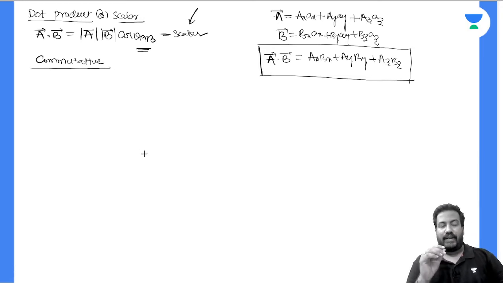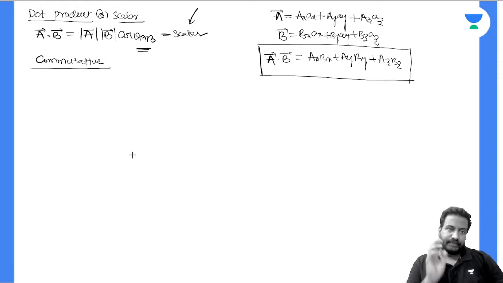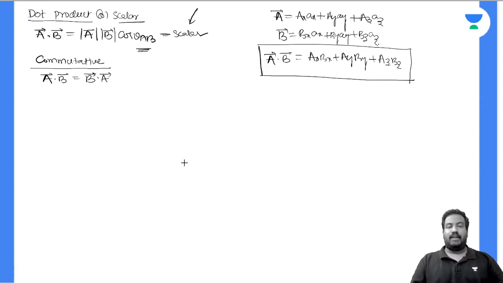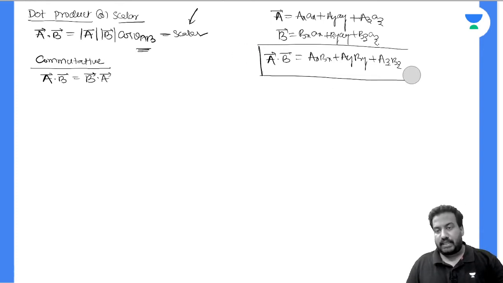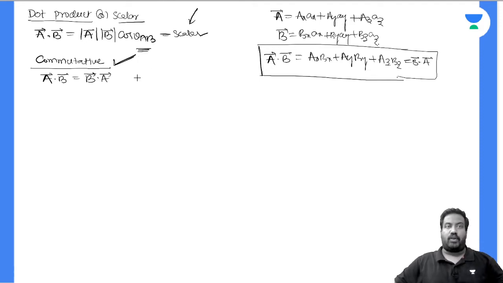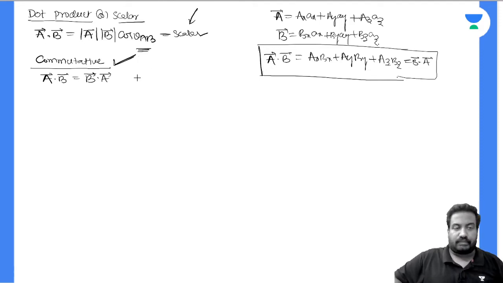Tell me whether dot product obeys commutative law, dear. If dot product obeys commutative law, then A dot B is equal to B dot A. Verify once. Absolutely, A dot B is equivalent to B dot A. As A dot B is equal to B dot A, dot product obeys commutative law.